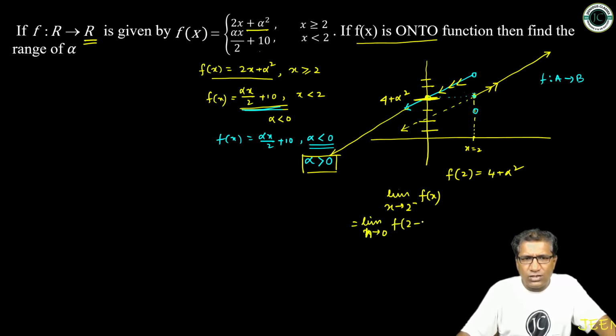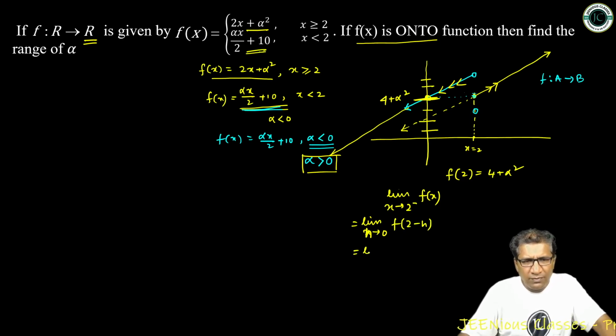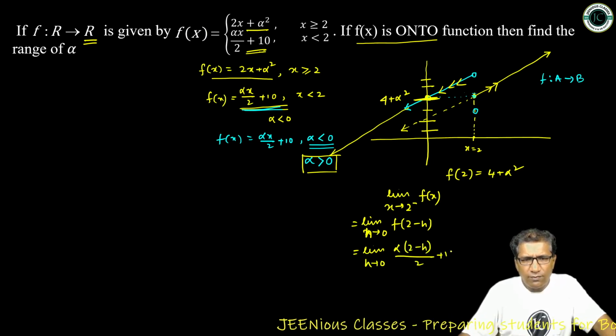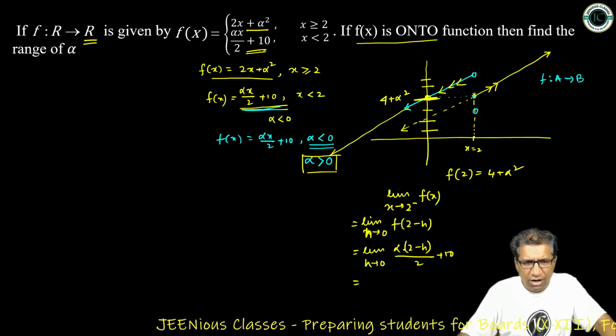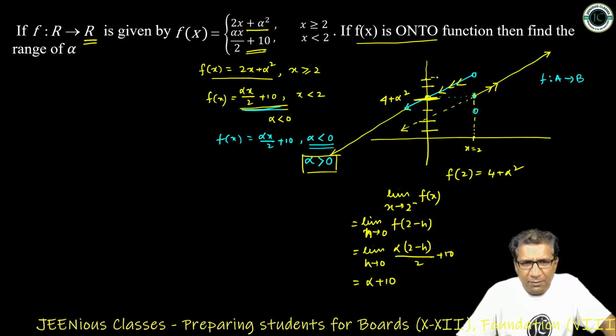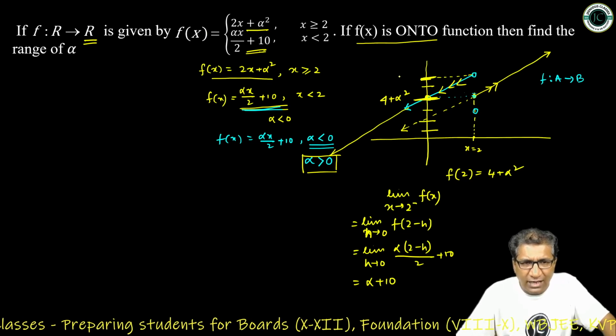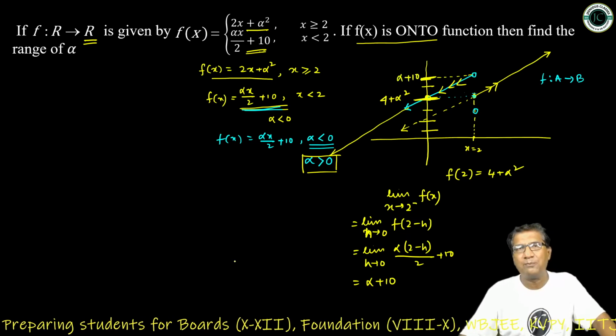And for that case, the function is this. So, the value of the function is approaching, if I put h as 0, alpha plus 10. So the value of the function at this point is alpha plus 10.